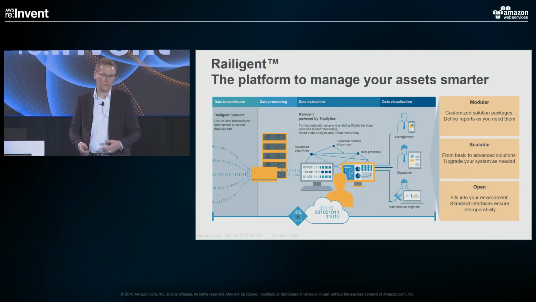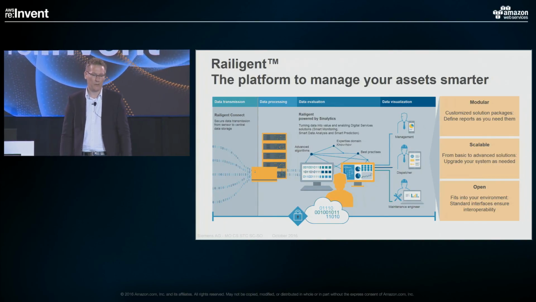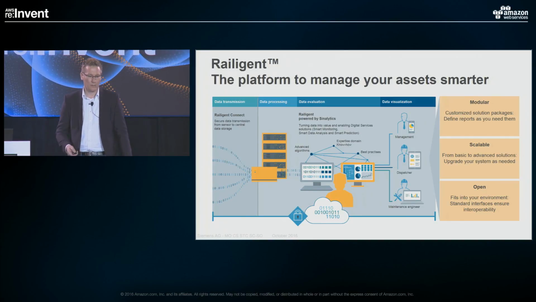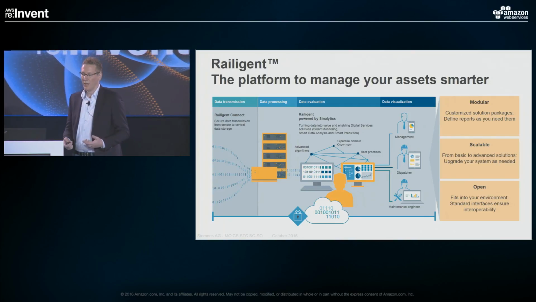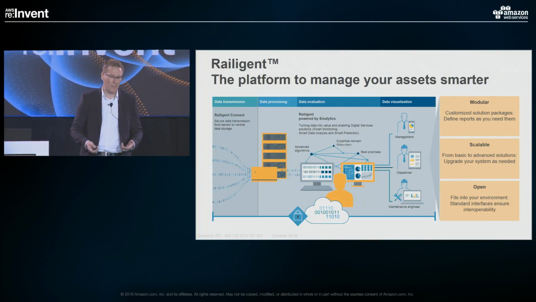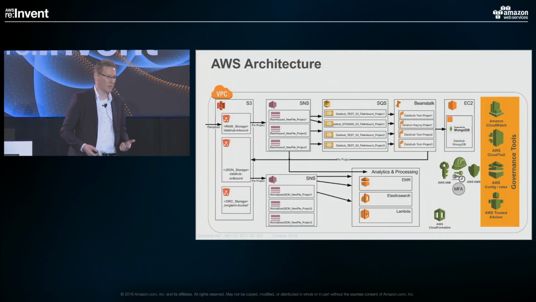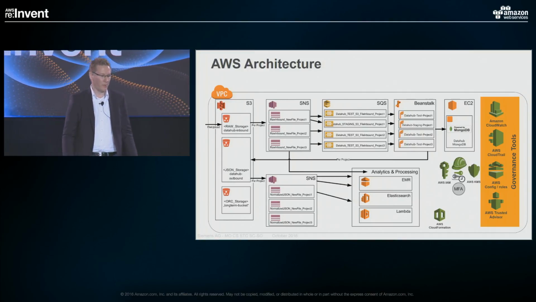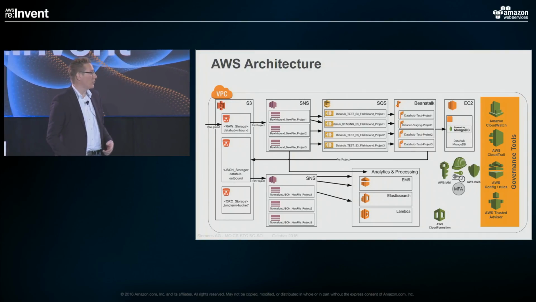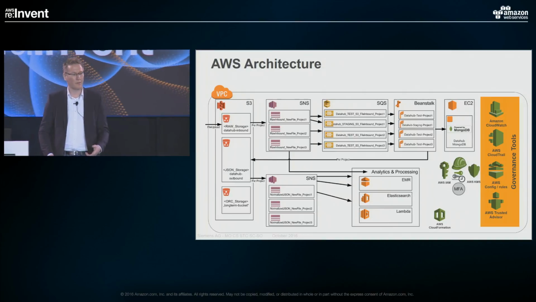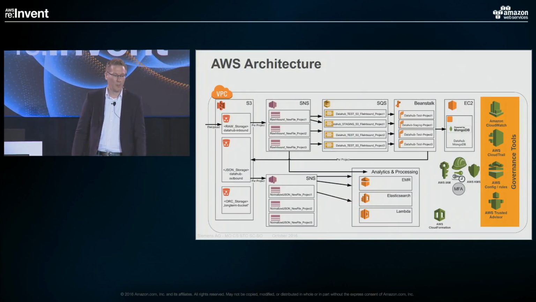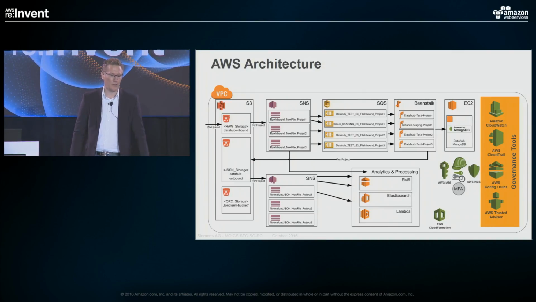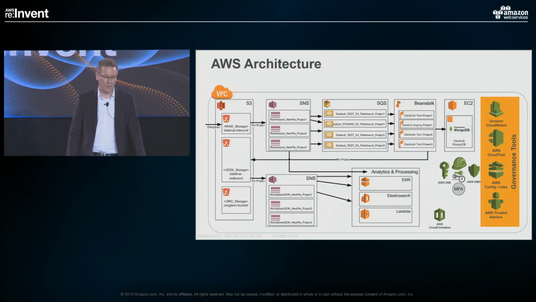And all this is now based on the AWS platform and helps us to do it in an agile and flexible way. Here's a short overview on what we are doing on AWS. We have the S3 input buckets, we have SNS, SQS, Beanstalk, and all this is the technical stuff we are doing to process the data.